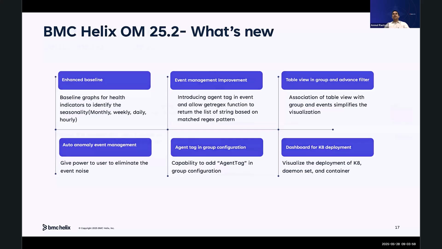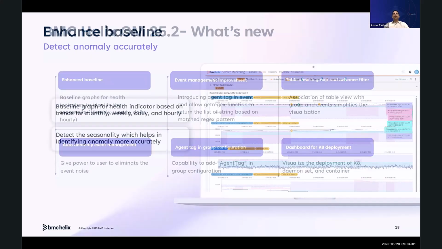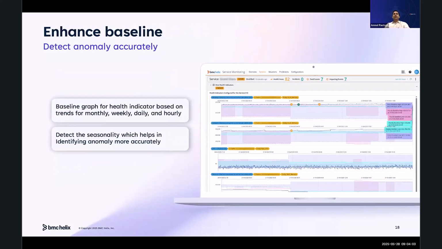Now, going a little bit in depth around what we did on enhancing the baseline. As I was saying, we have introduced four types of baseline now in the product, which are monthly, weekly, daily, and hourly, right? How this is helpful is, we have scenarios like the beginning of the month, for example, a payroll system.